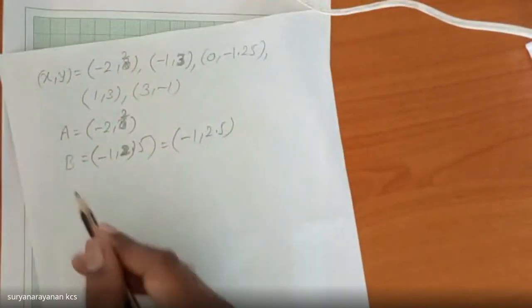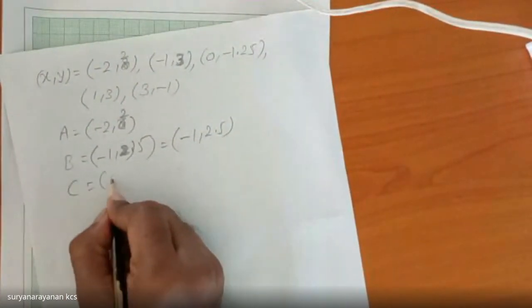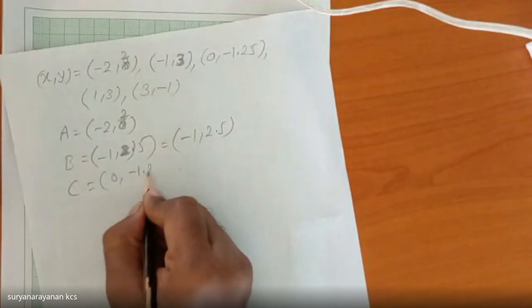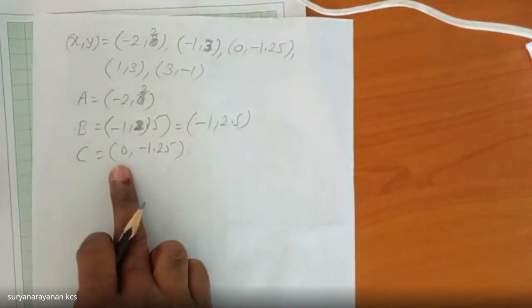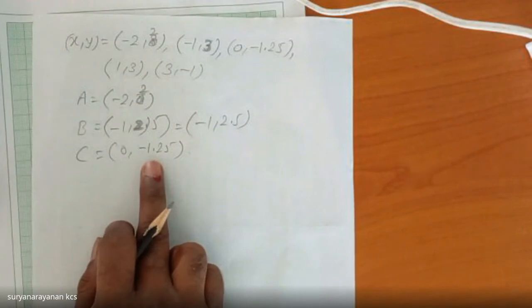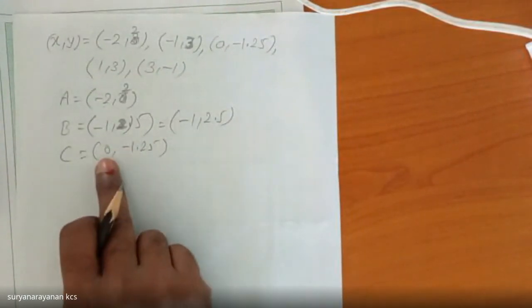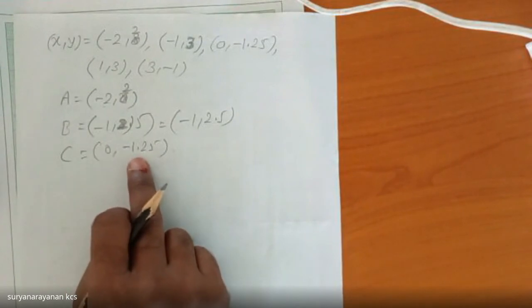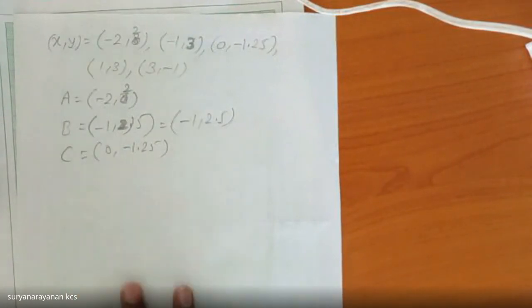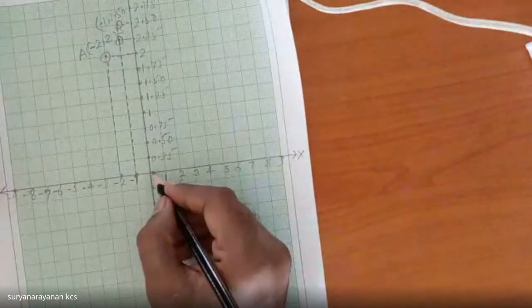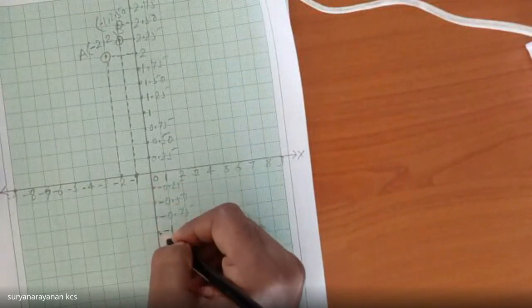Point number C, 0 comma minus 1.25. Here x coordinate is 0. Y coordinate is minus 1.25. So this point lies on y axis only. Because x coordinate is 0, this point lies on negative y axis. So from the origin we have to move downwards.